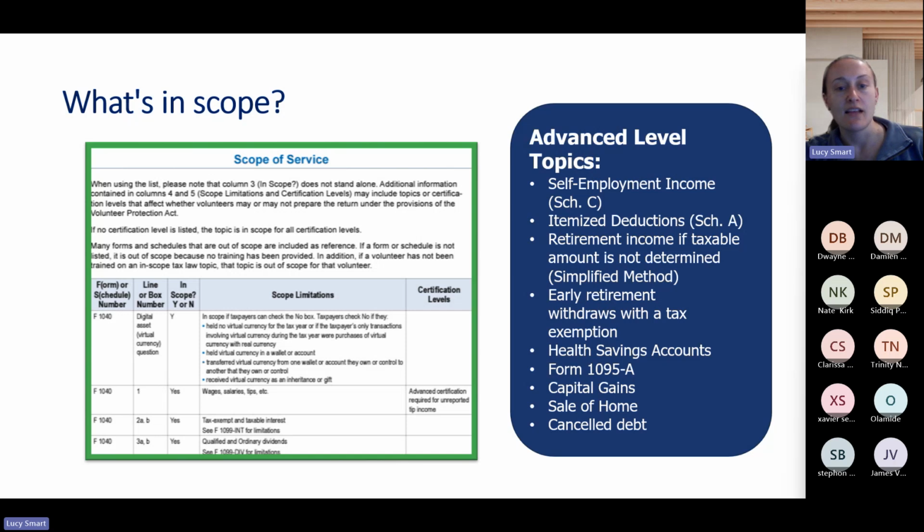There are some common advanced level topics that we see at VITA sites, and these will be something you all are able to do after you take advanced training and certify at the advanced level.